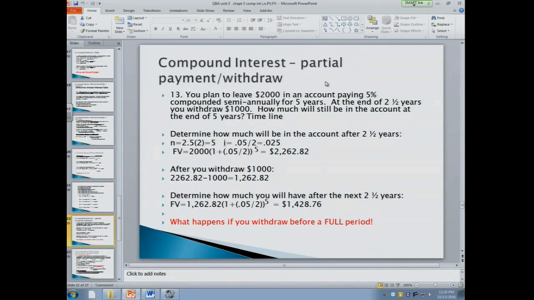Compound interest partial payment. Well, up until this point in compound interest, it's been a perfect world. We put money in on the first of the year and took it out on the 31st of the next year for exactly 1 year.